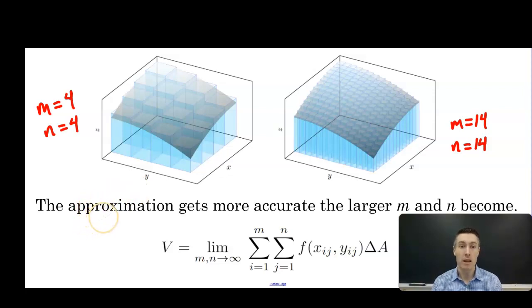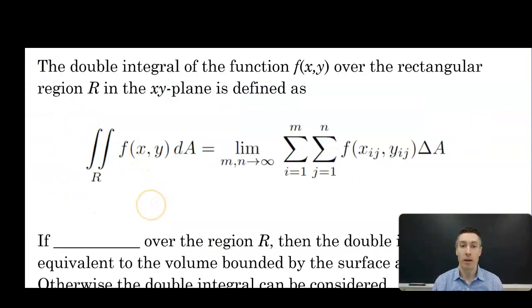And this should be familiar to us. We are going to wind up taking a limit of that double sum. So the limit as m and n approach infinity of the double sum of f of x sub ij, y sub ij, delta A gives us the volume exactly. It no longer becomes an approximation, which then leads us ultimately where we want to go, which is a double integral.